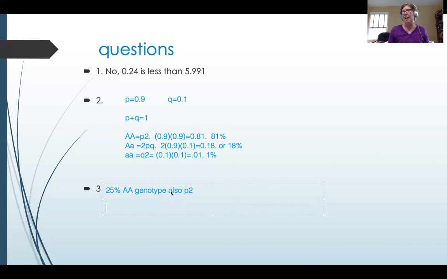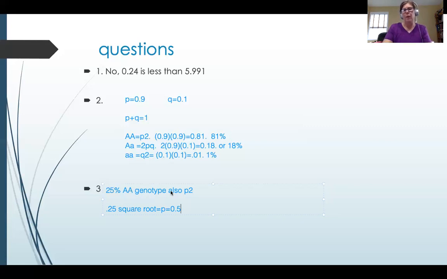In order to do this, you're going to have to take the square root of your 0.25. Because P squared, in order to get rid of the square, I have to take the square root of it. So that is going to give me a P of 0.5.